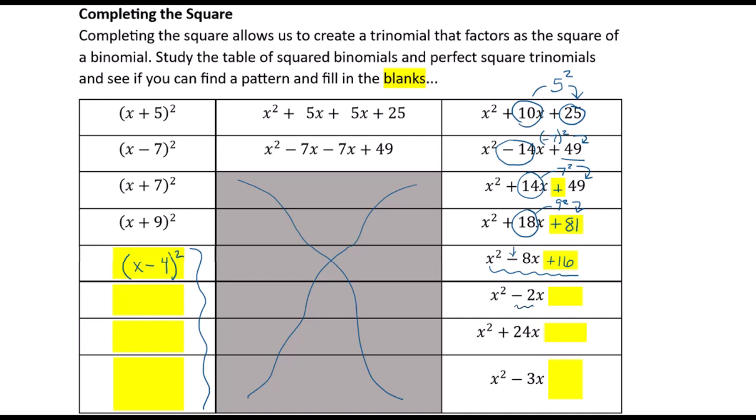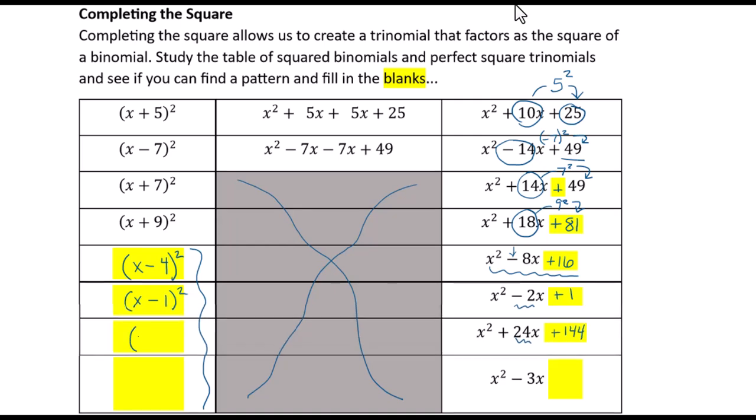Here, half of negative 2 is negative 1. Negative 1 squared is positive 1. In factored form, we have x minus 1 quantity squared. Half of 24 is 12. 12 squared is 144.